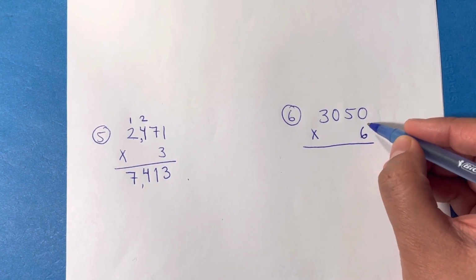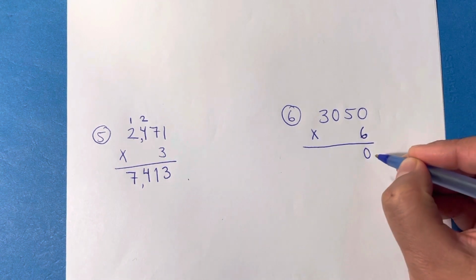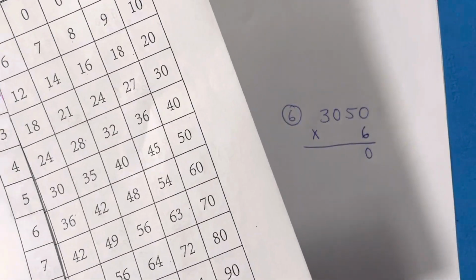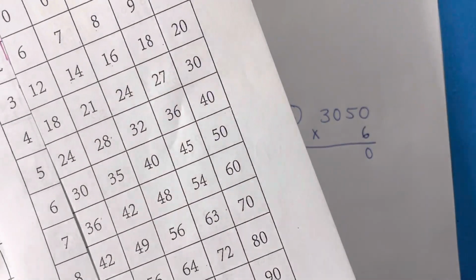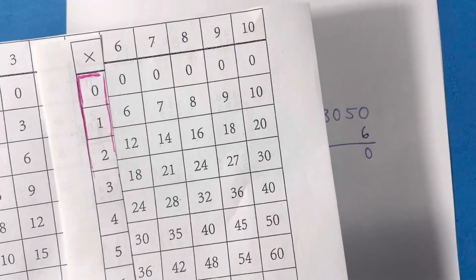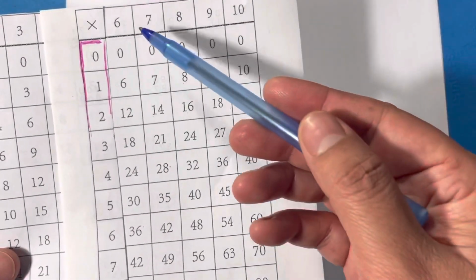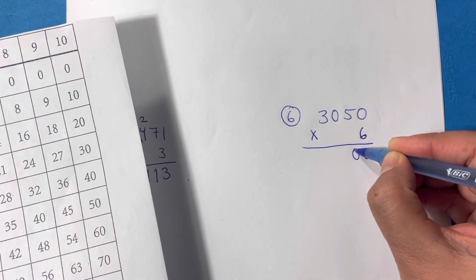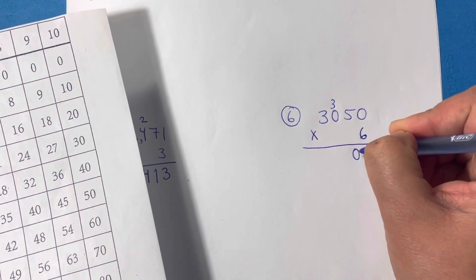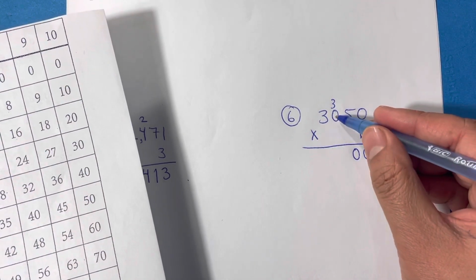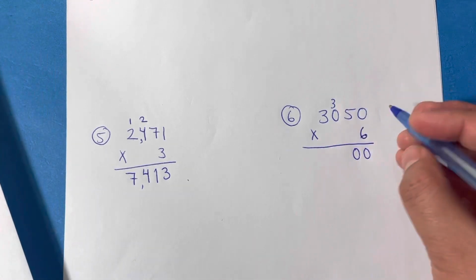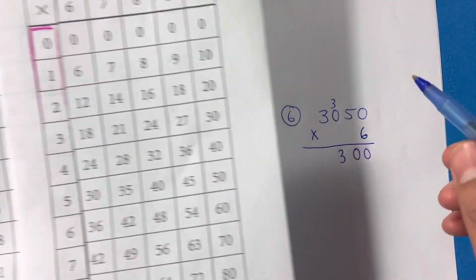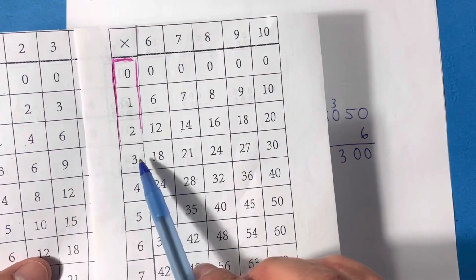And the last one. 6 times 0. Any number multiplied by 0 is always 0. 6 times 5 is 30. Put the 0 and carry the 3. 6 times 0 is 0 plus 3, 3. 6 times 3 is 18.